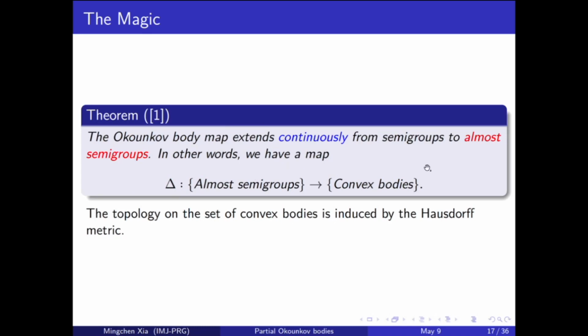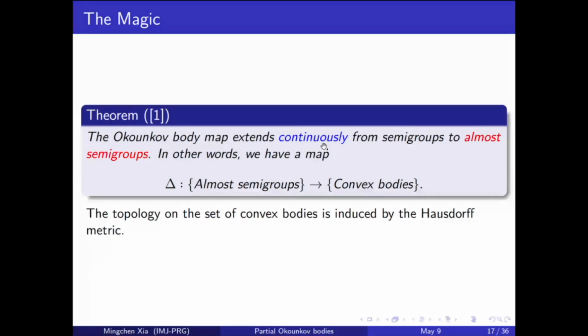But on the set of convex bodies, there is a natural topology induced by the Hausdorff metric, which compares how far away 2 convex bodies are from each other. And the surprising thing is that you can always define this map in a unique way, because the extension is continuous, so there's only one way to define it.